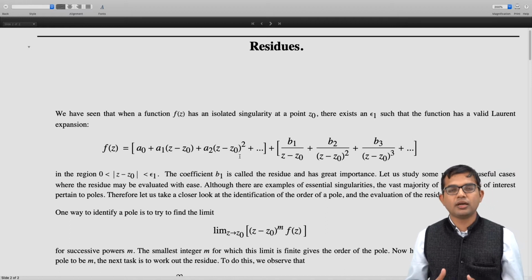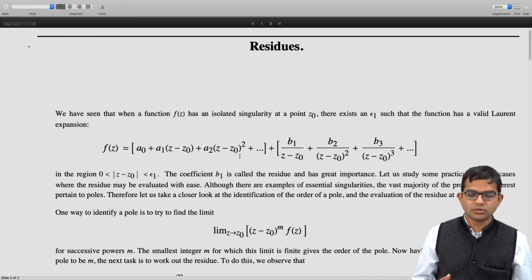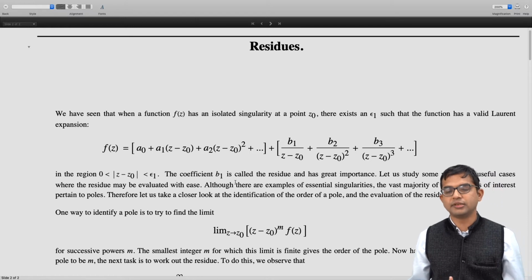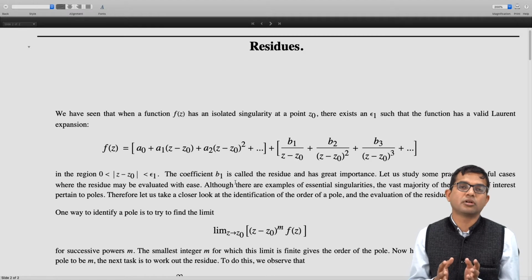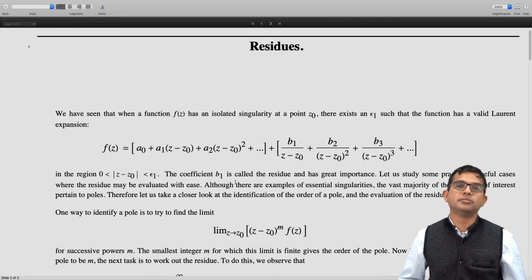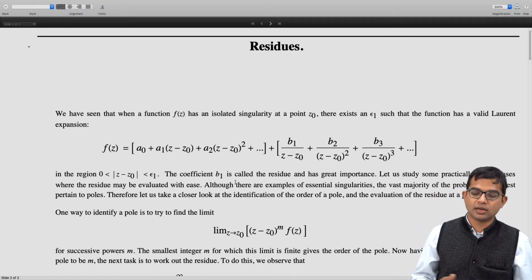One way to identify a pole is to keep on finding successive limits of this kind. You multiply f of z, which you have identified as having an isolated singularity, by (z minus z0), and then try to evaluate the limit as z goes to z0. If this limit does not exist, then try (z minus z0) squared times f of z and take the limit.